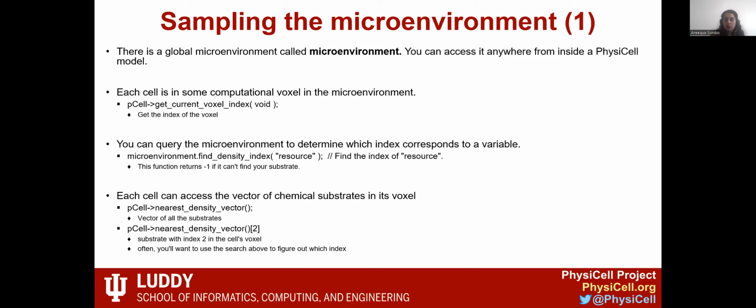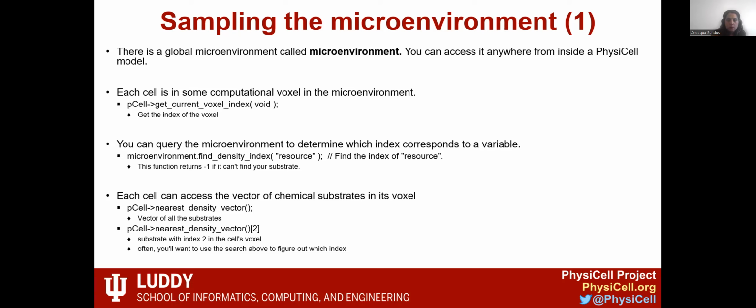First, it can get the voxel index. This function, get current voxel index, will tell you your cell's current position. PhysiCell's background microenvironment is divided into voxels, and we want to access in which voxel our cell exists. So this is the function to get that particular voxel.